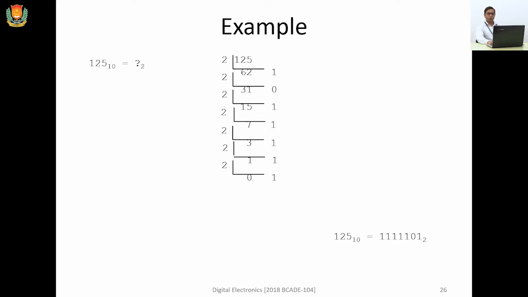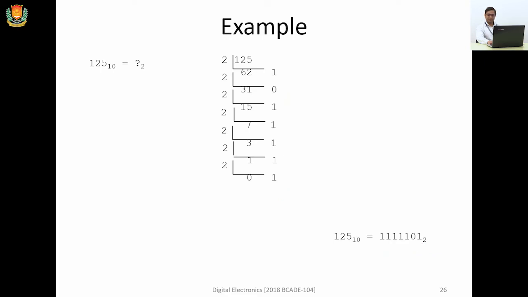Now, how should I write it in the right manner? I should write from down to upward like this. The arrow shows how I should write. It is only the remainders: 1, 1, 1, 1, 1, 0, 1.